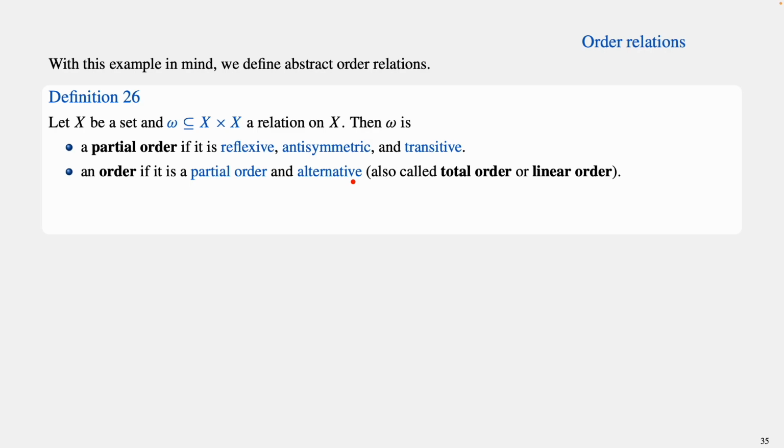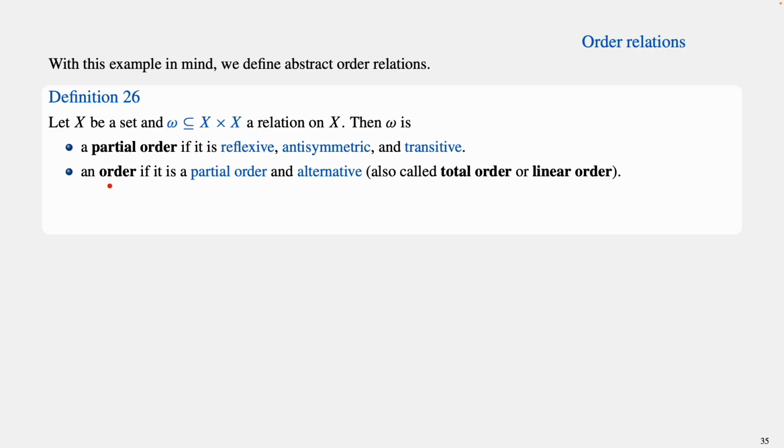And other names used for this are also total order or linear order, because in the literature sometimes the word order is used instead of partial order, or it could be used to mean either partial order or a total order. So that's why there are different names for this concept flying around.